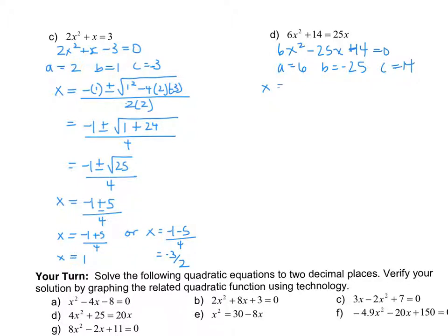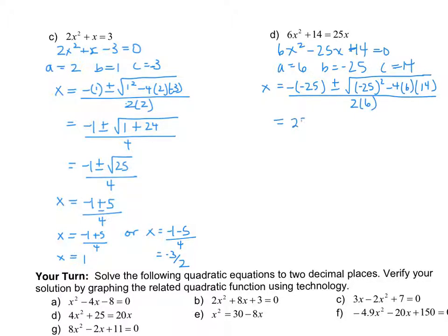X equals negative b, so negative negative 25, plus or minus the square root of b, negative 25, squared minus 4 times a, which is 6, times c, which is 14, all divided by 2 times a, 2 times 6.